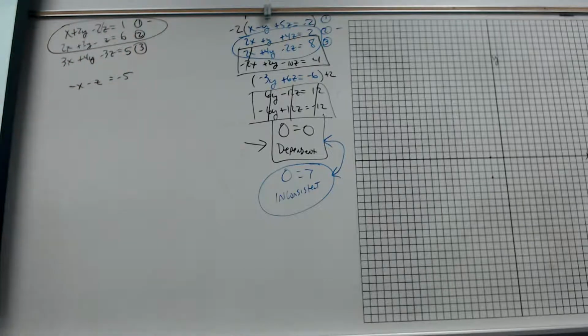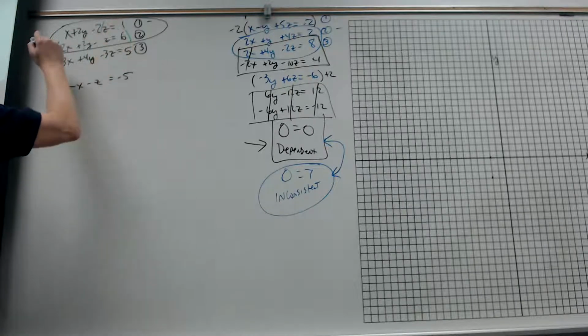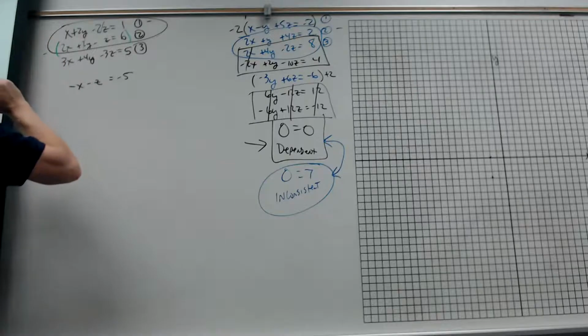Now we've got to eliminate the y's again using two different equations. We could do 2 and 3. We would just have to multiply equation 2 by 2, or negative 2? Negative 2.